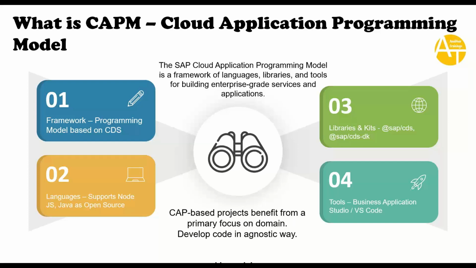It's quickly possible without touching or changing much of code. You can immediately get that application live on HANA database. So you are not tightly coupled to one particular database or one particular technology. You have freedom to choose at any point of time to move out and move in, hop in and hop out into any technology you want, which is the biggest benefit you get from the CAPM.